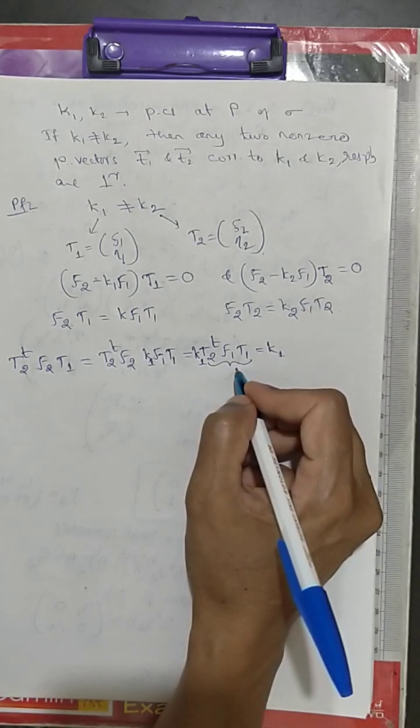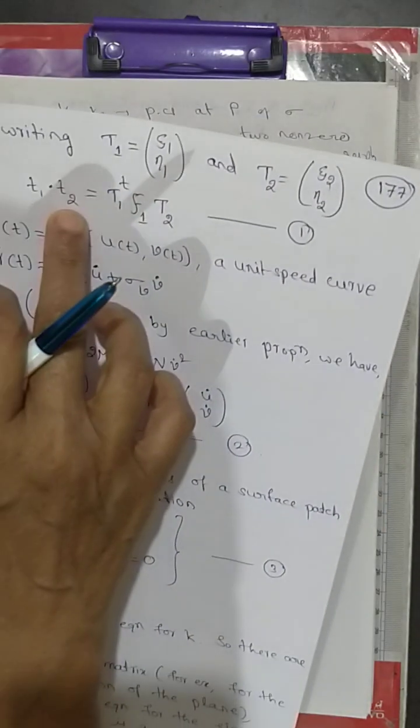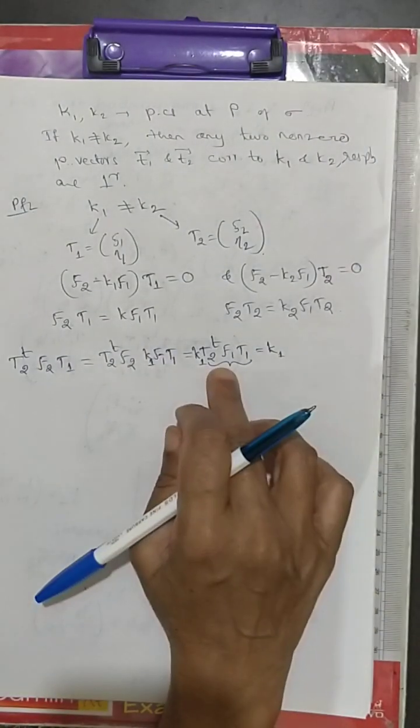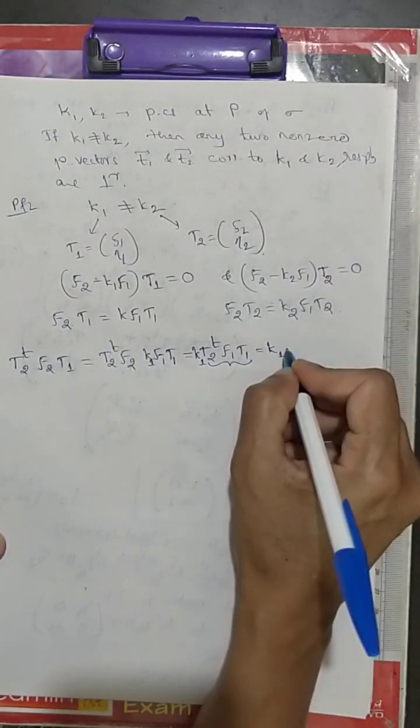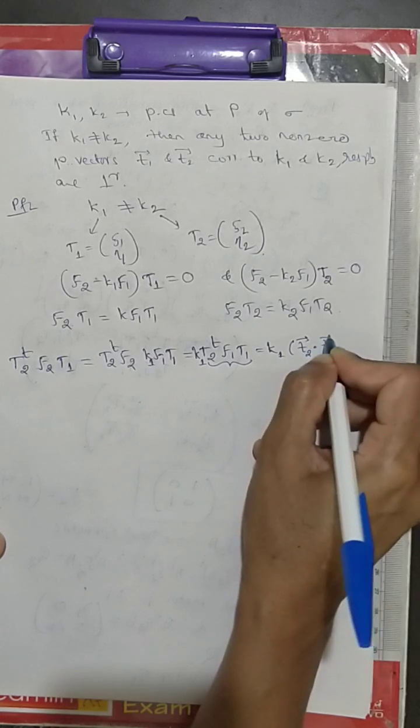By our earlier result, when we consider t1 and t2, we have t1 dot t2 is equal to t1 transpose F1 t2. The places are interchanged here. So this is equal to t2 dot t1.